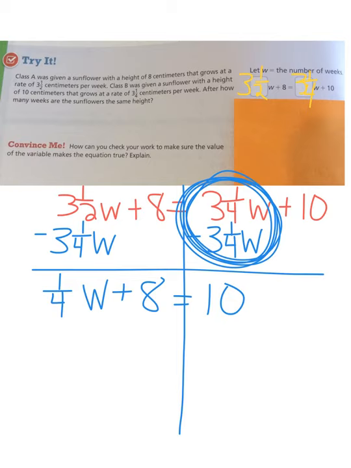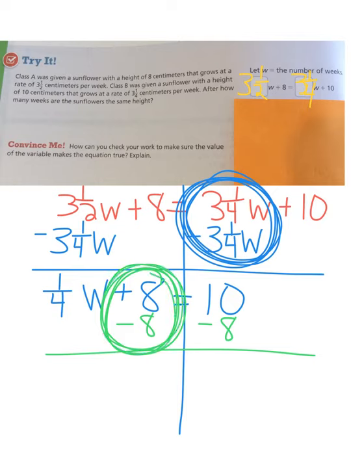Okay, now we want to undo our add and subtract. We have our W's together. We've combined our letters, and now we want to undo our add or subtract to isolate that W all by itself. The opposite of a +8 would be a take away 8. Whatever we do to one side, we do to the other. Why? Because opposites equal 0. Positive 8, negative 8 is 0.